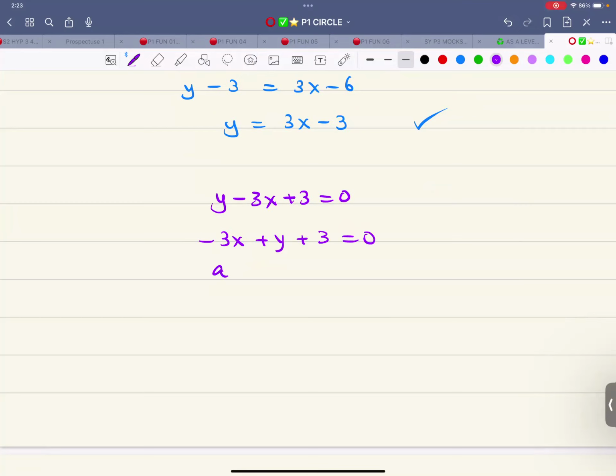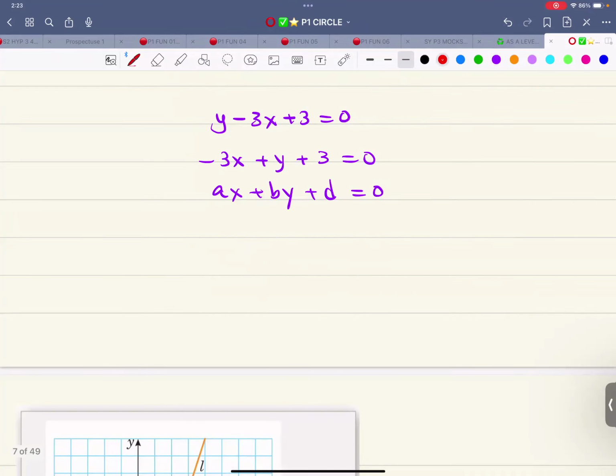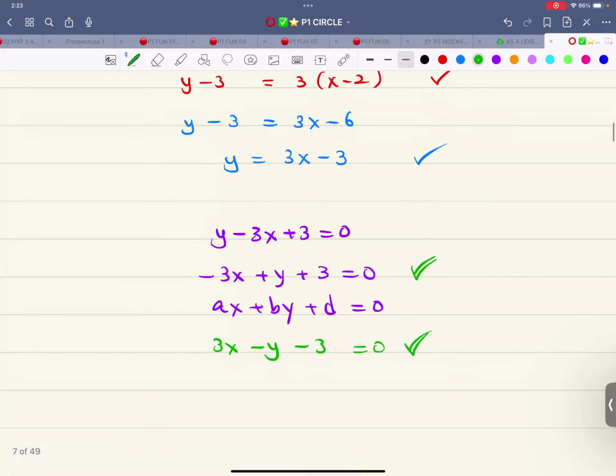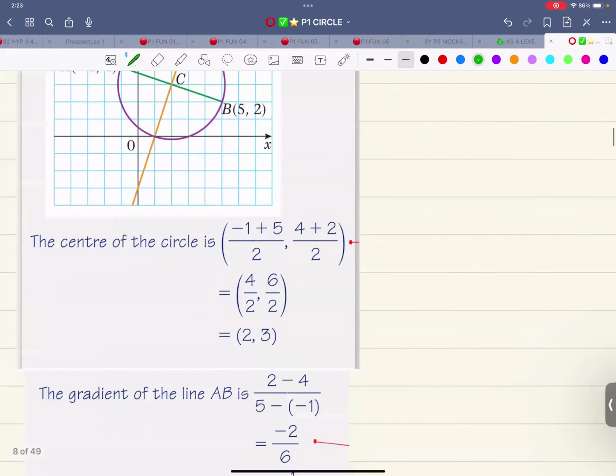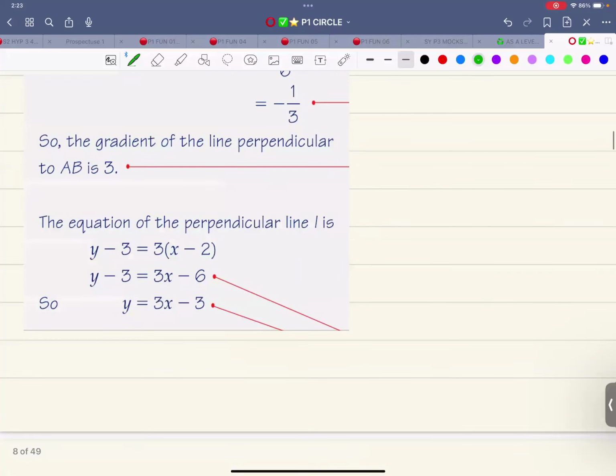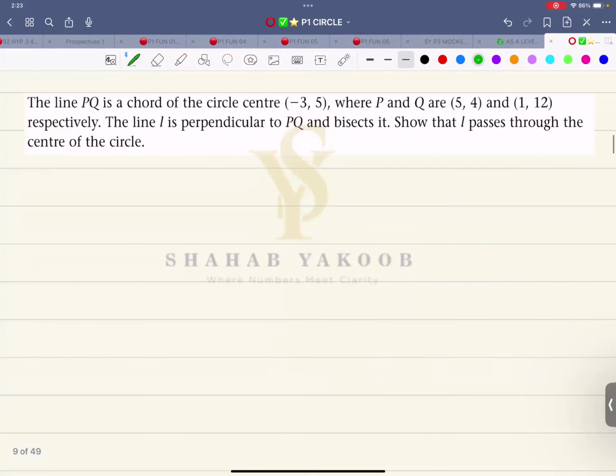So this is of the format ax plus by plus d equals 0. An equivalent format is 3x minus y minus 3 equals 0. This is also good. So let me write over here that the equation is y equals 3x minus 3. All clear? Let's move on.